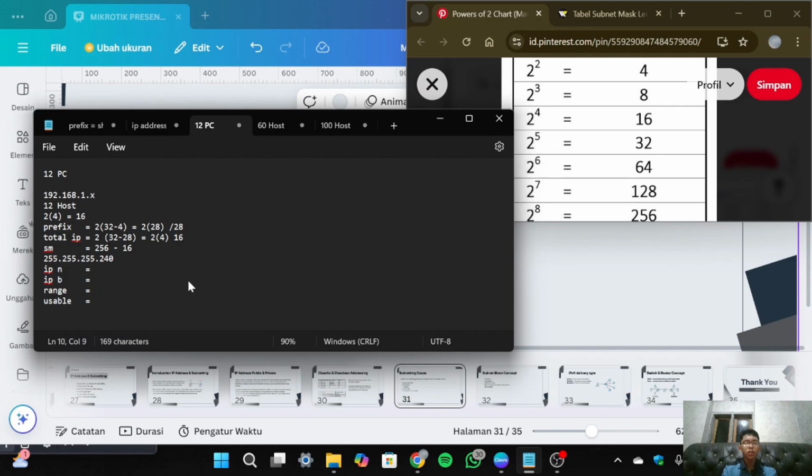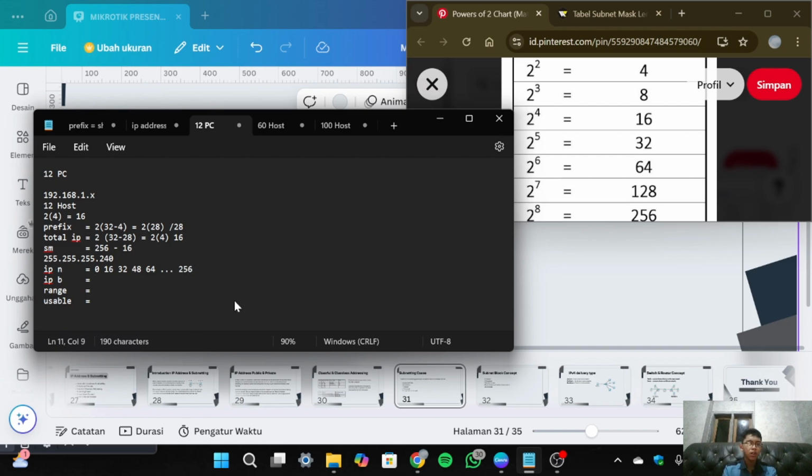IP network starts with 0, and you must add the total IP. After 0, you add the total IP, which is 16, to get 32, 48, 64, until 256.